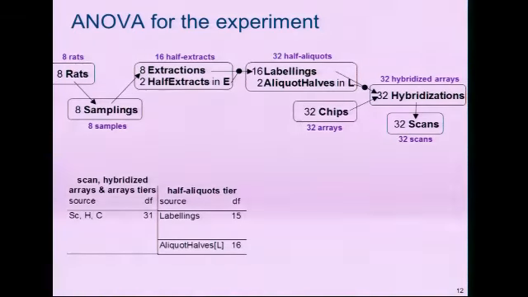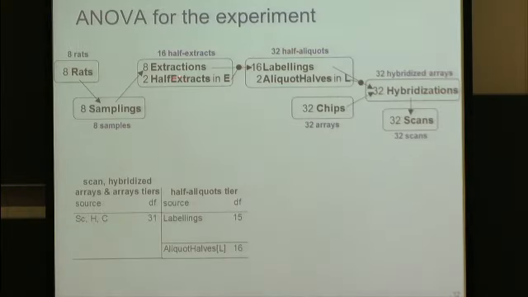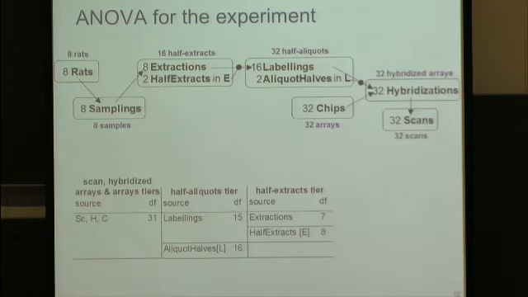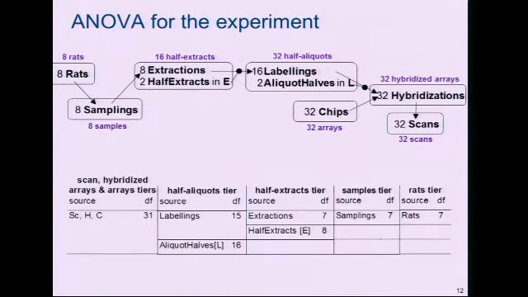We're going to have a term extractions with 7 degrees of freedom and half extracts within extractions with 8 degrees of freedom. But of course they're going to be confounded with labellings, and the way we do that is line this sort of sub-table I've got here up with the labellings to indicate that these two are confounded with the labellings. And then the next one is samplings, and samplings is just going to be a single term with 7 degrees of freedom but confounded with extractions, so I line that up with extractions. And then finally I have the rats, and of course that will be 7 degrees of freedom lined up with samplings.